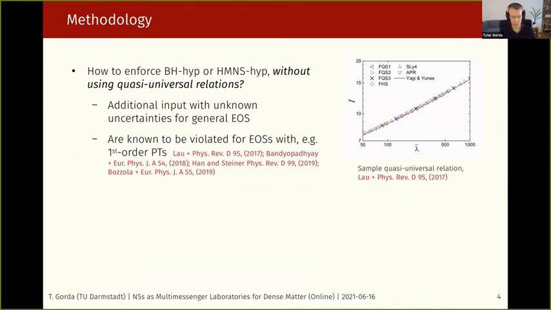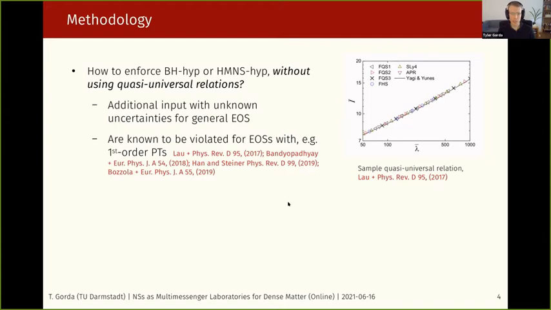And also we have very large allowed behaviors within our ensemble. So we know that there are many equations of state that we're dealing with where the quasi-universal relations are just violated and we don't even know how badly they're violated. So basically we have unknown uncertainties if we were to use them. So we want to get around using that.